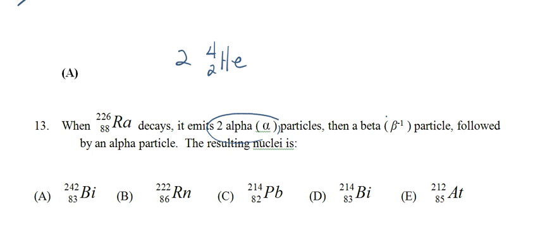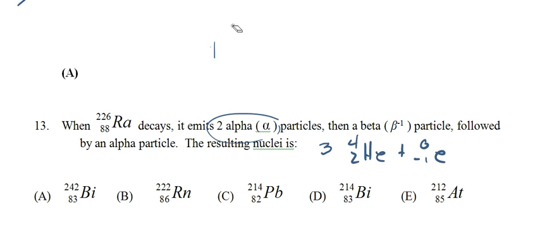We have a beta particle that is a 0 and a negative 1, and then followed by another alpha particle. So really we have 3 of these things. So when we do our calculation, make sure that all the numbers on the top add up to each other. Actually, let me put that down here. 3 and 0, negative 1. Okay, I'm going to erase that so I can work on it.